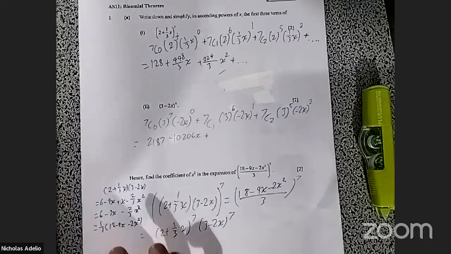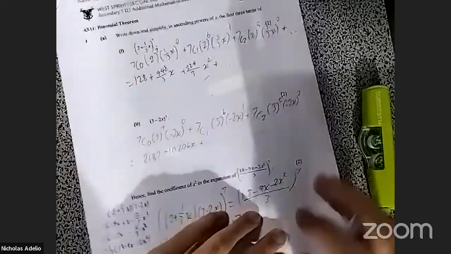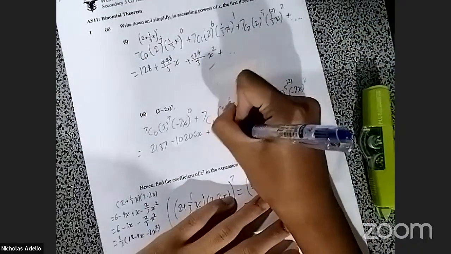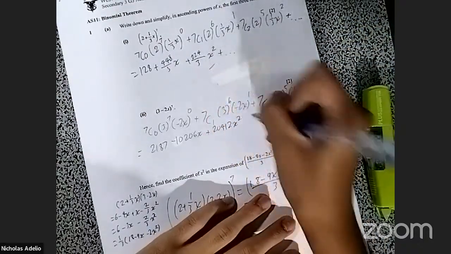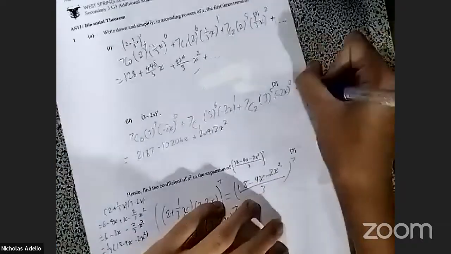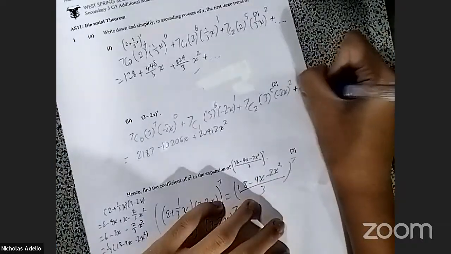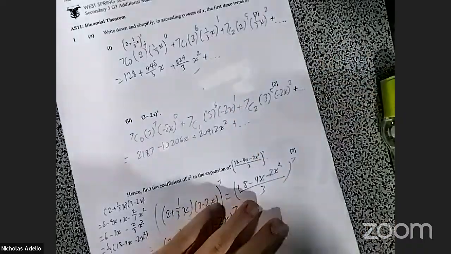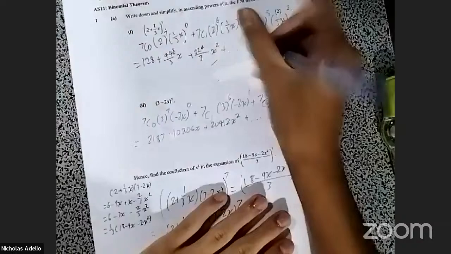I almost forgot, it's in the bracket so that -2 has to be positive. 2 0 4 1 2 x squared. Okay, now you're doing very well.